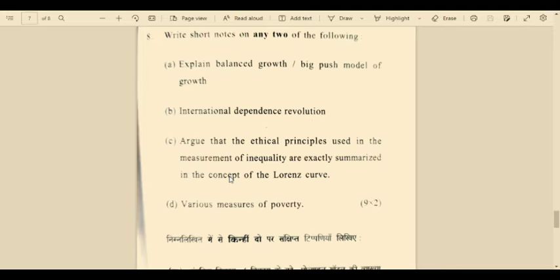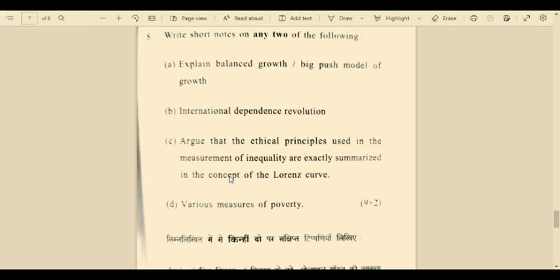Question 8, international dependence revolution, in which we have to explain those three: false paradigm, neo-colonial, and the dual development thesis. Then we have C part, argue that the ethical principles used in measurement of inequality are exactly summarized in the concept of the Lorenz curve.